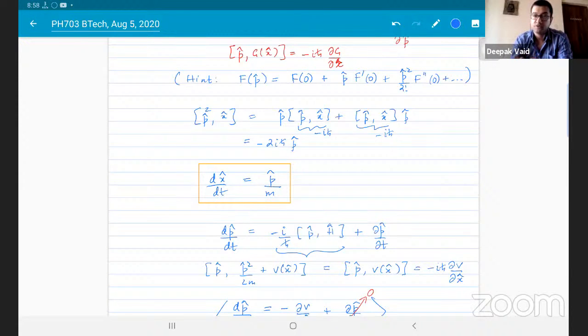What it does is it generates what is known as a canonical transformation. A canonical transformation is some change of coordinates: P goes to P plus delta P and X goes to X plus delta X, right?